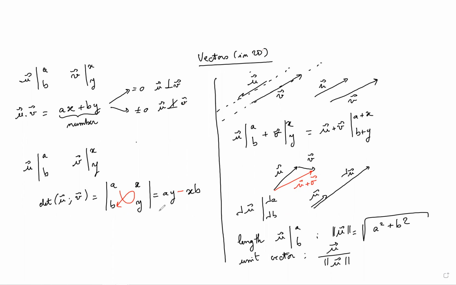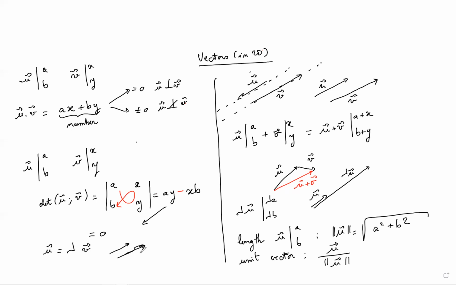So here you have 2 options. If your determinant is 0, it means that your vectors are not independent. It means that u is equal to v times a certain real number, which can be positive or negative. It means that they are parallel or anti-parallel, not necessarily the same length.